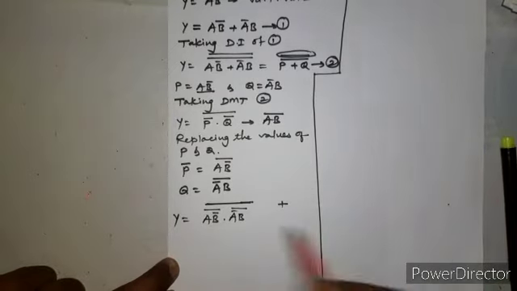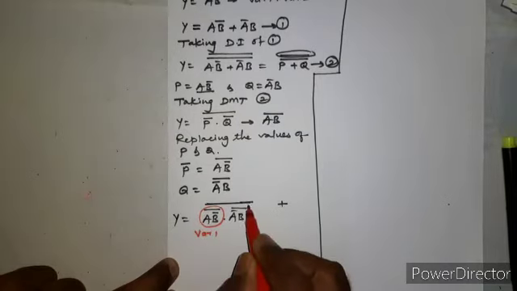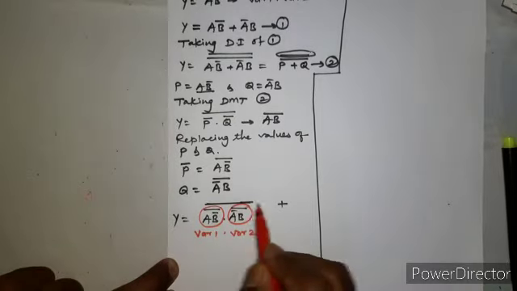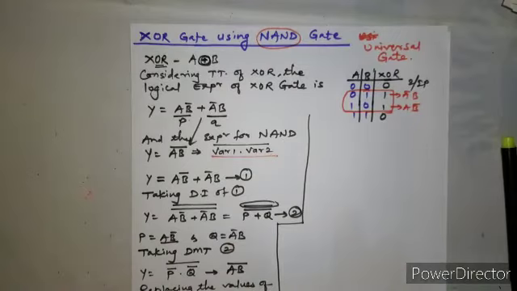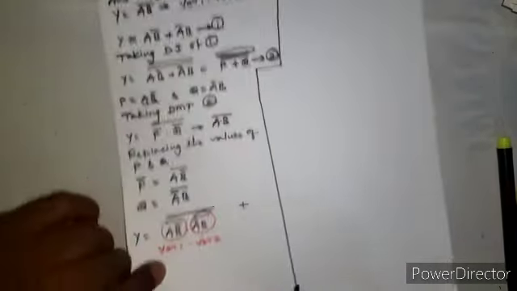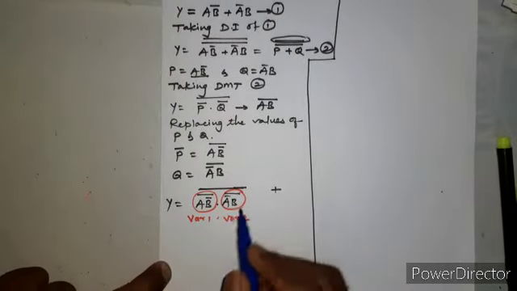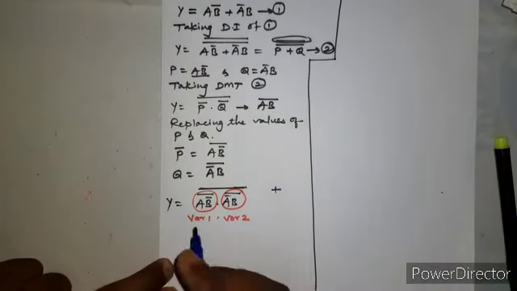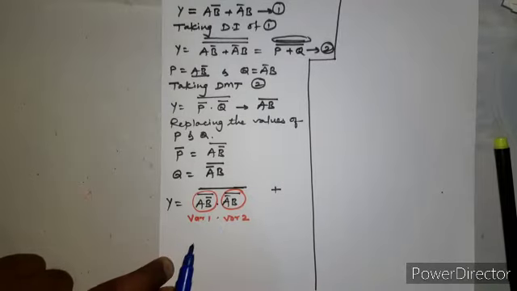No. As I said, this is my variable 1 and this is my variable 2, here dot and this bar. So in this form you can see, right? So this is my final equation. Now this is how we have converted XOR gate, or we are implementing XOR gate using NAND gate only.